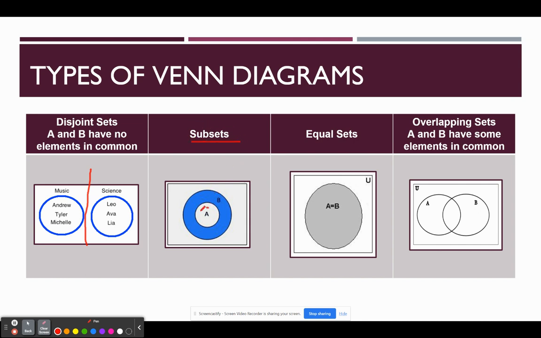A subset means that A is a subset of B. That means that all the things in A are also inside of B. Equal sets, you can see here, A is equal to B, so they both are showing the exact same thing, just overlapping perfectly. And lastly, we have what are called overlapping sets. This is the most common one that we see, where you've got some things here, some things there, and where they cross goes in the middle. We'll talk more about that and look at some examples.